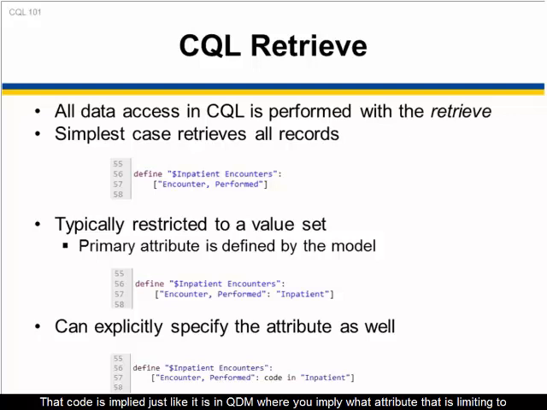That code is implied, just like it is in QDM, where you imply what attribute that is limiting to. But we can also explicitly specify the attribute. So this lets you use a different code if you wanted to, a different attribute of the encounter performed to restrict that value to that value set. So you could say class in inpatient or service type in inpatient, whatever makes sense.